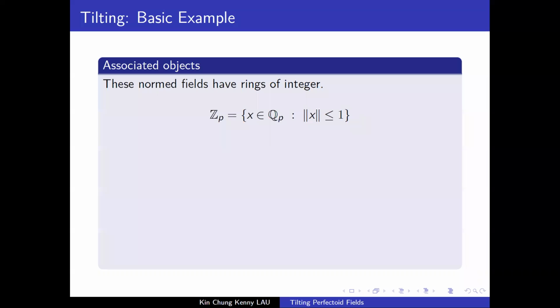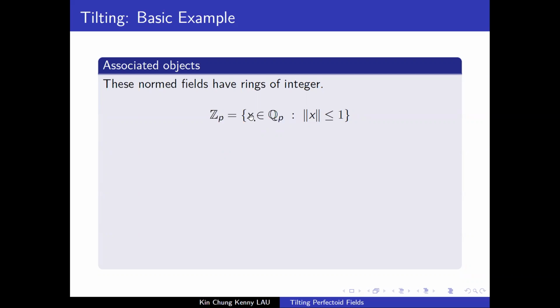Oh, it is actually closed under multiplication. But it only works here because of special properties of the norms on these p-adic fields. This Z_p is closed under addition and multiplication, and acts as a ring of integers, just like how Z acts as the ring of integers of Q.